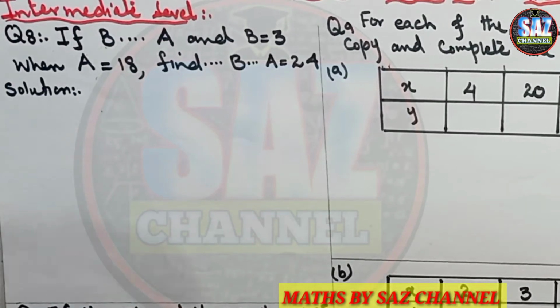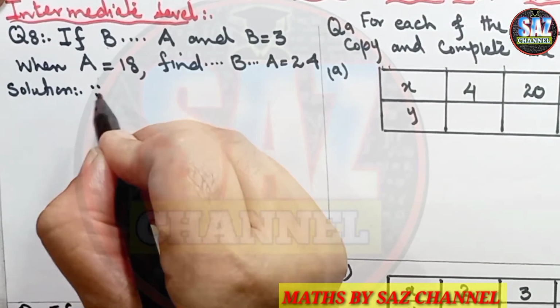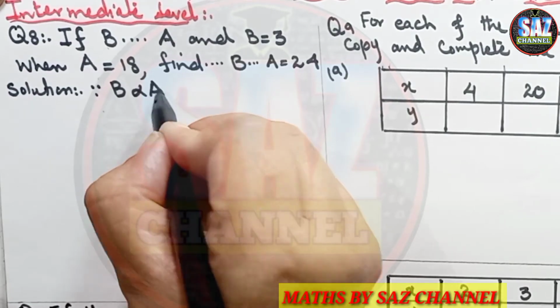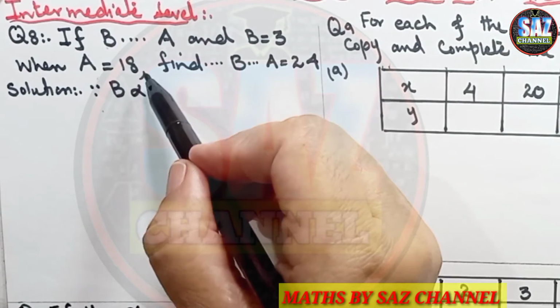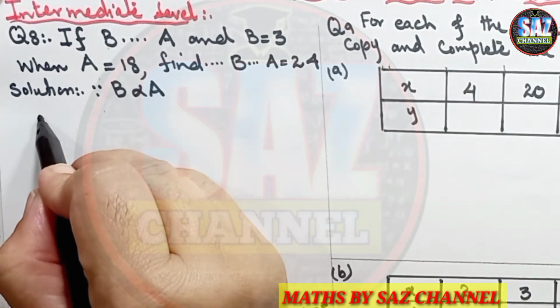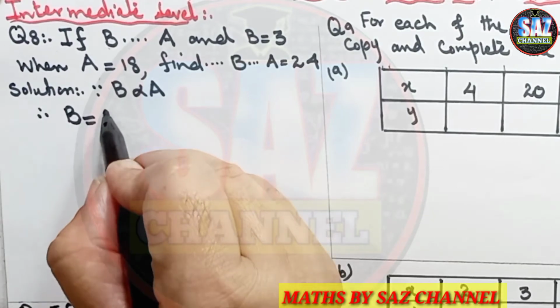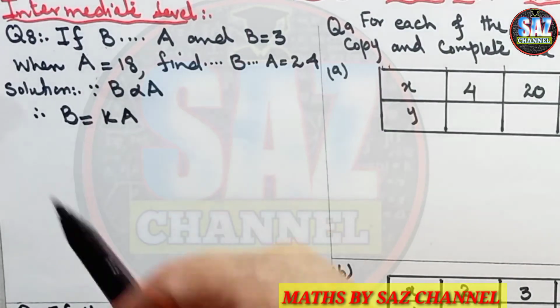Because B is directly proportional to A, this is the symbol of proportionality. Whenever we remove this sign of variation, we have to replace it with the constant K. So B will be equal to K times A. I hope you are clear about this condition.